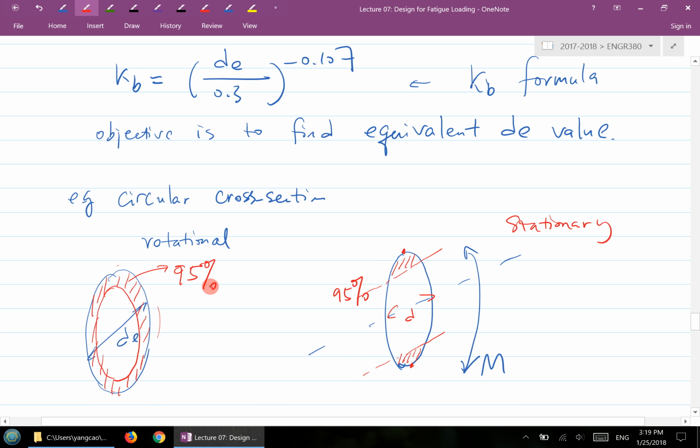Equivalent to these two 95% regions together, we can find this DE, such that DE equals 0.7 D. This is for circular cross-section. Then you can substitute this 0.7 D into the KB formula.